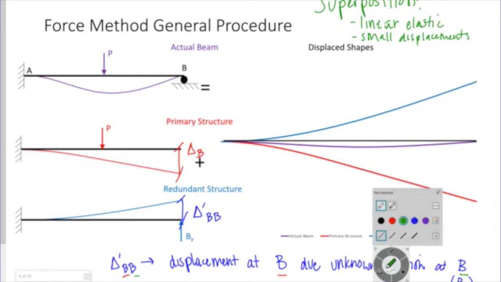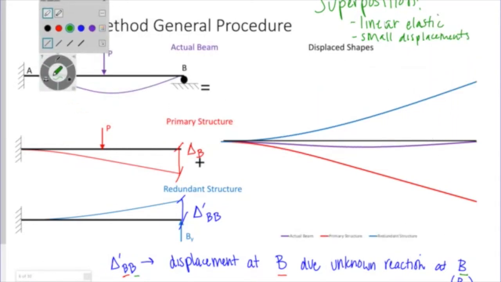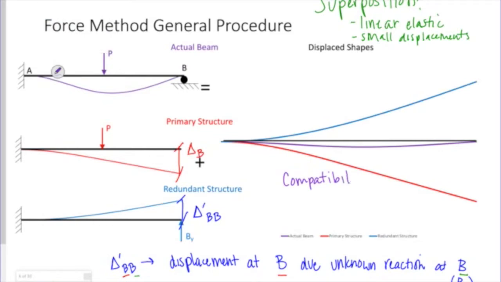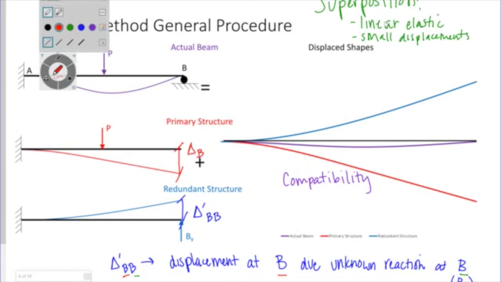And you see, if I add those two together, this is where my compatibility comes into play, right? I want my displacement at B in the primary structure plus my displacement at B in the redundant structure.